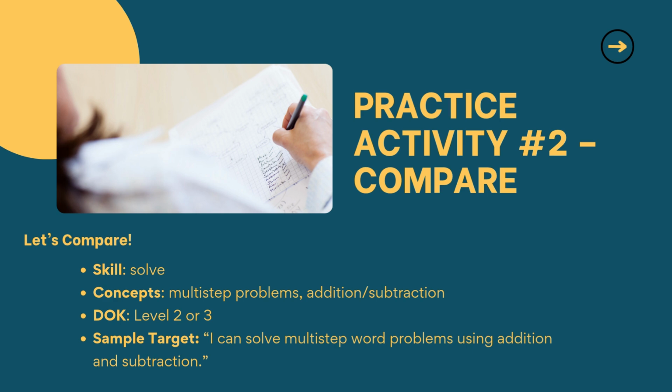They have to apply and reason through a process. A sample learning target could be, I can solve multi-step word problems using addition and subtraction. How did your version compare? Go ahead and pause the video and turn and talk with some people at your table about how yours compared.